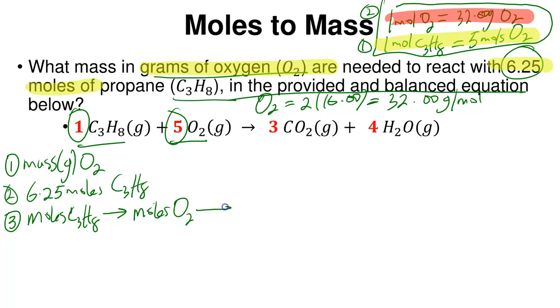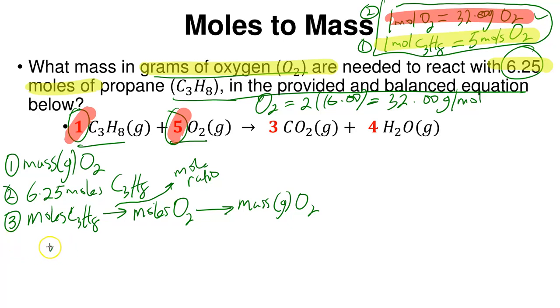And then we're going to go from moles of oxygen to mass or grams of oxygen. Of course, the first one is the mole ratio. In the second one, we're using the molar mass, which is what I already showed you here. So let's write it out.